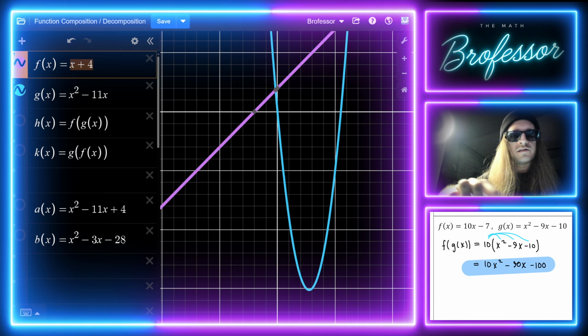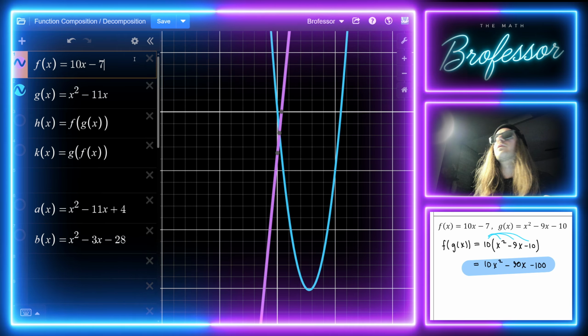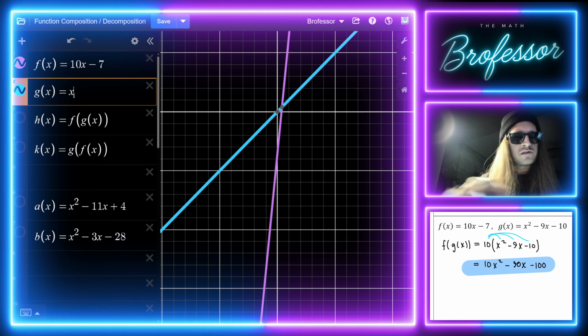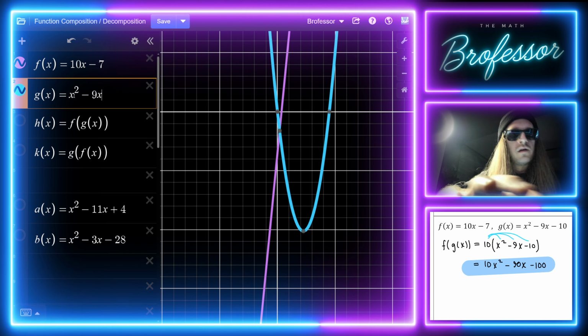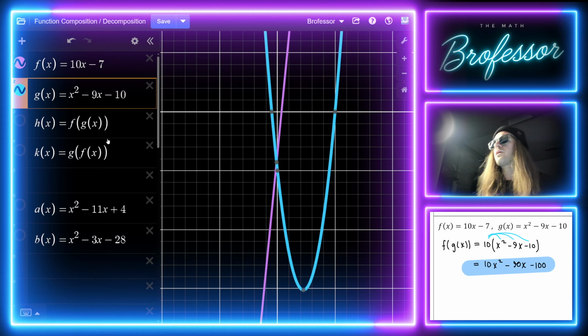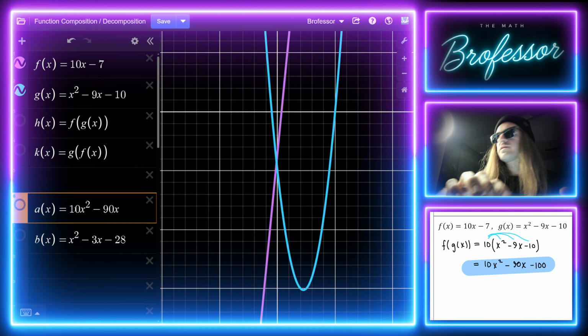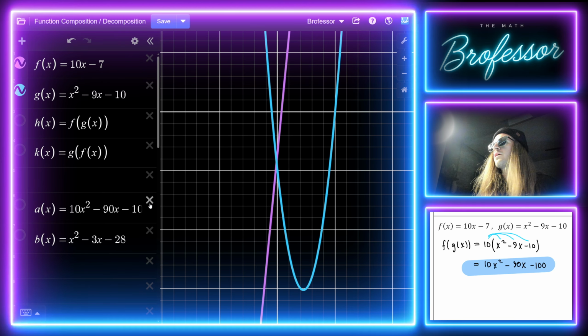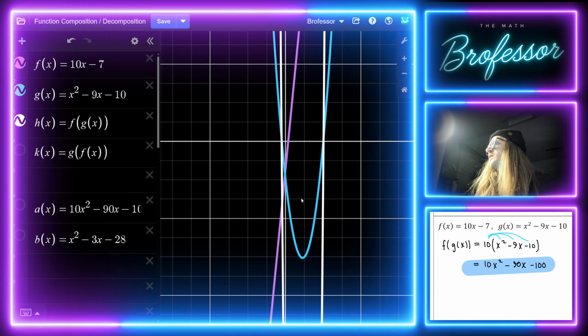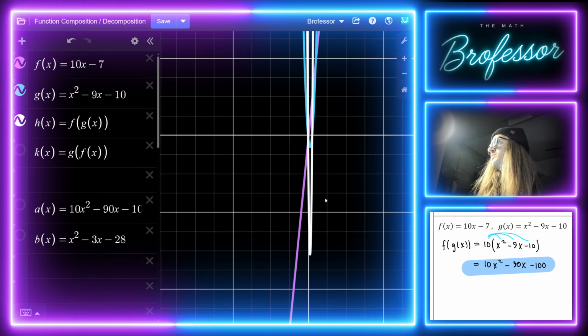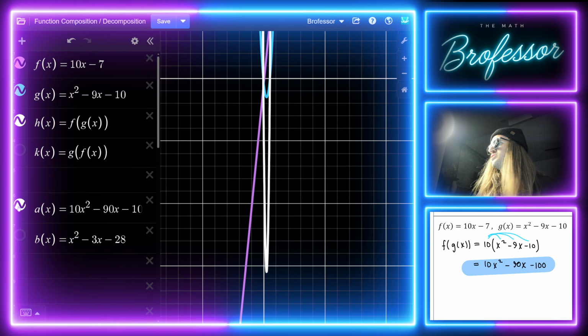So f is 10x minus 7, and g is x squared minus 9x minus 10. And then let's check the first composition here. We got 10x squared minus 90x minus 100. All right, good. That fell off a little bit, but I'm not gonna change this now. So the white one is the composition. That's a pretty steep, long parabola there. And then let's check ours, and we have the same thing. Very good.